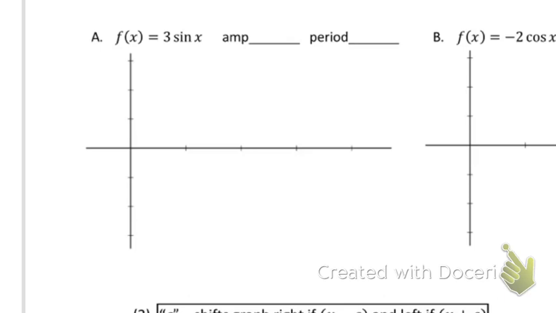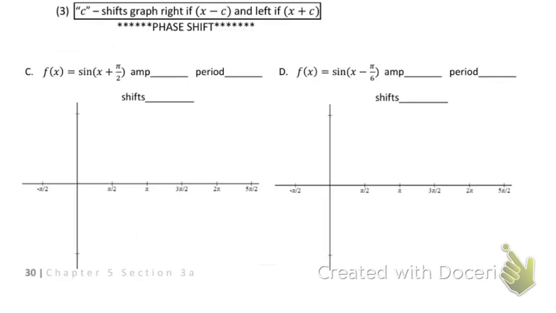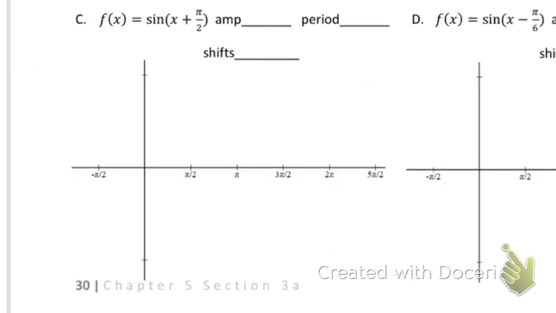So as an example, why did we do those? Oh, there we go. All right, so we have sine of x plus pi over 2. Plus tells you it's moving left. This is going to move left.